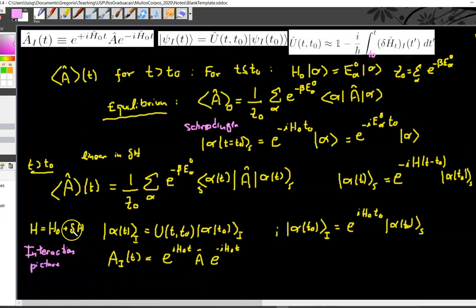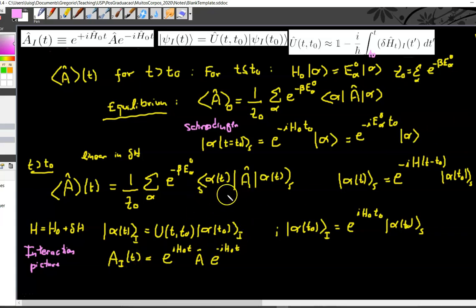And if delta H is small, we can approximate this time evolution operator U(t, t naught) as 1 minus i, we're taking h bar equals 1, times the integral of the perturbation written in the interaction picture as a function of time. Okay? All right, so let's now calculate the expected value.